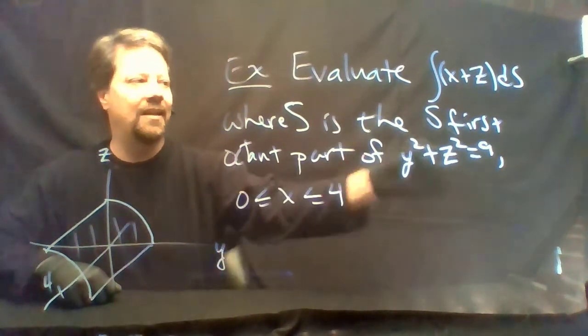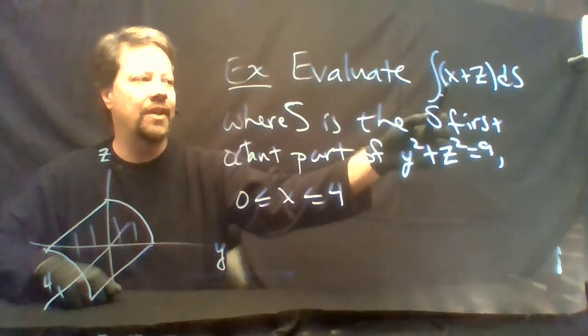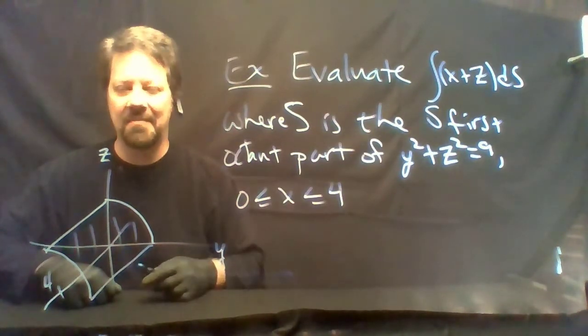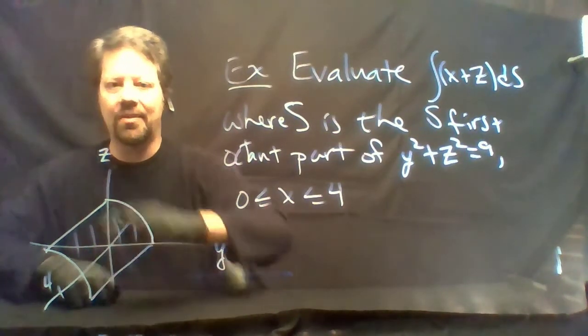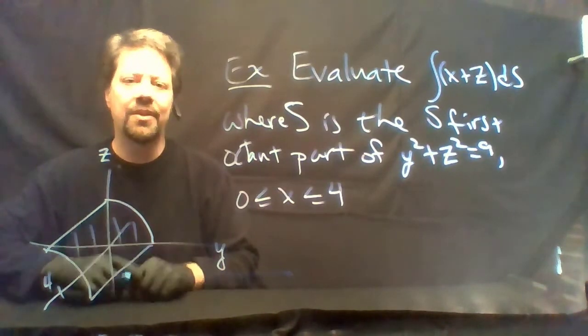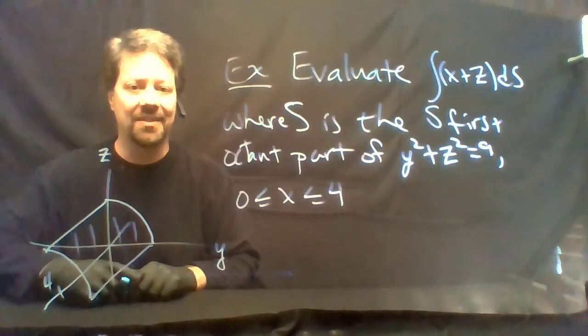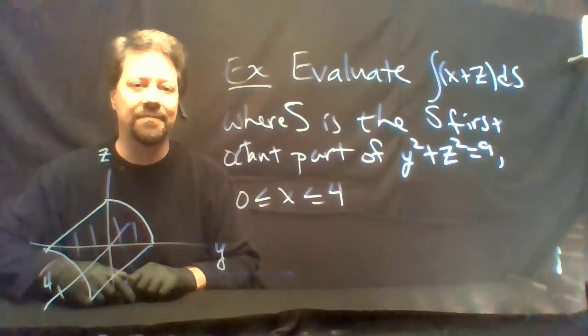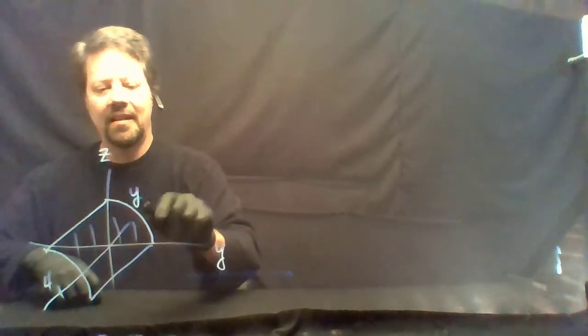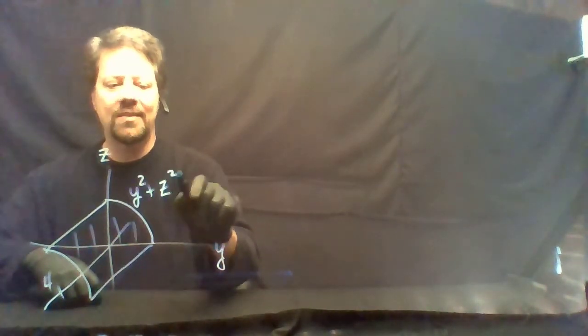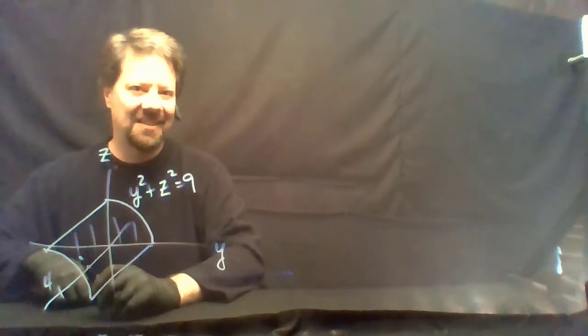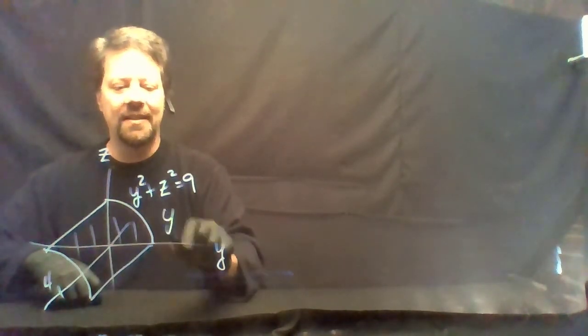We're integrating on that surface the function x plus z. X's and z's are all positive, so both terms should give us a positive component to the answer. Our answer must be positive. Y squared plus z squared equals 9 is easy enough to parameterize.